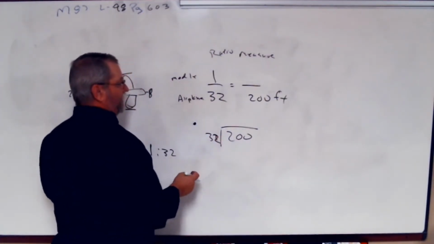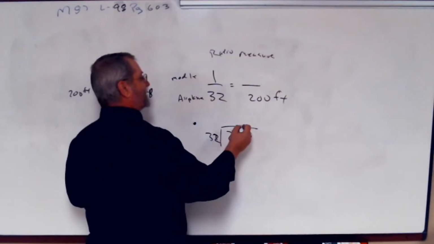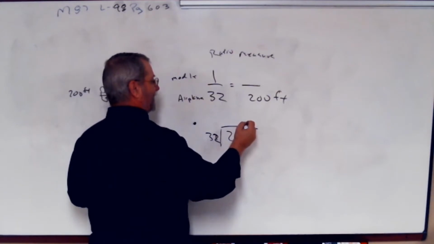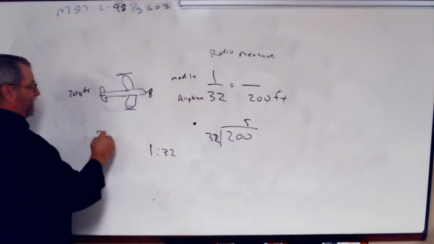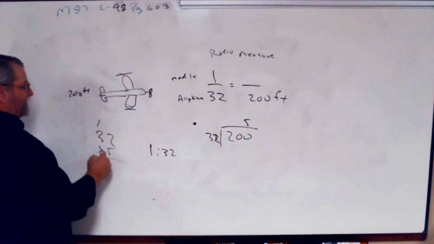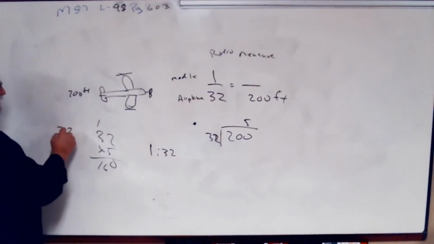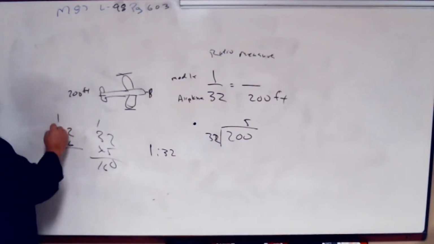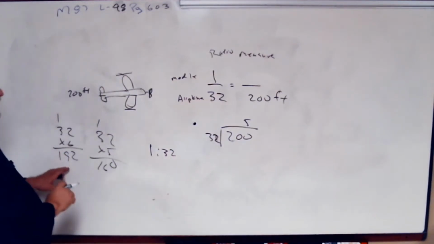32 goes into 200 about 6 times. Let's see, 32 times 5 is 160. 32 times 6 is 192. That's closer.